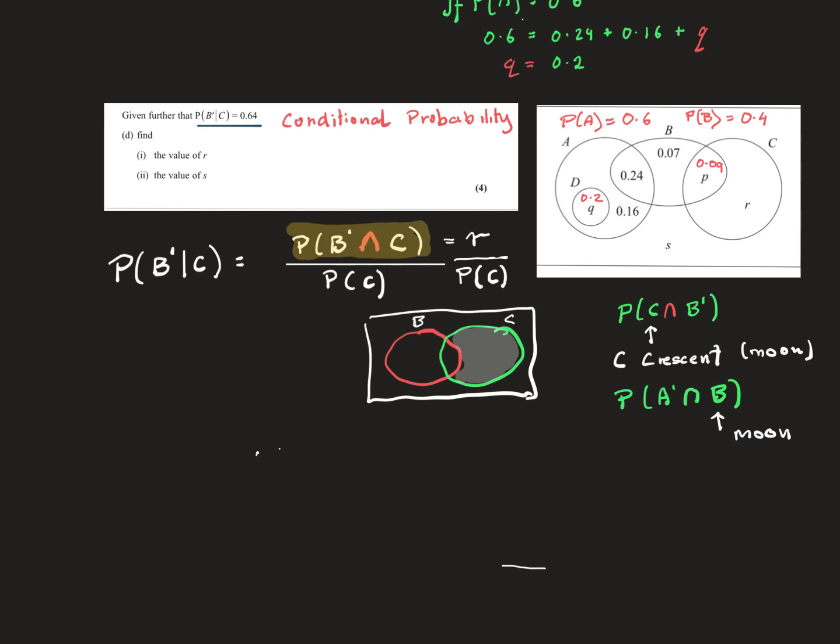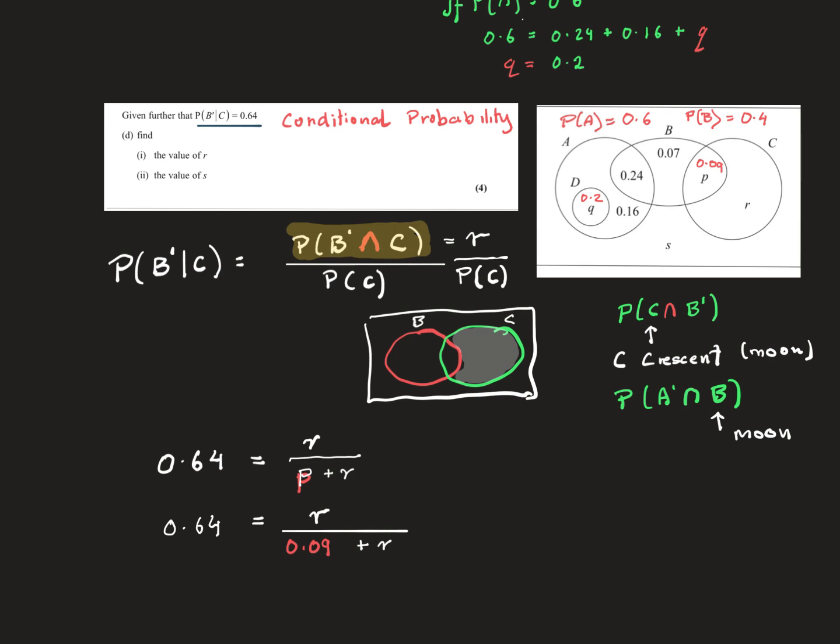So we can write 0.64 is equal to R over P plus R, because P plus R is actually the event C. We now substitute the value for P, which is 0.09.